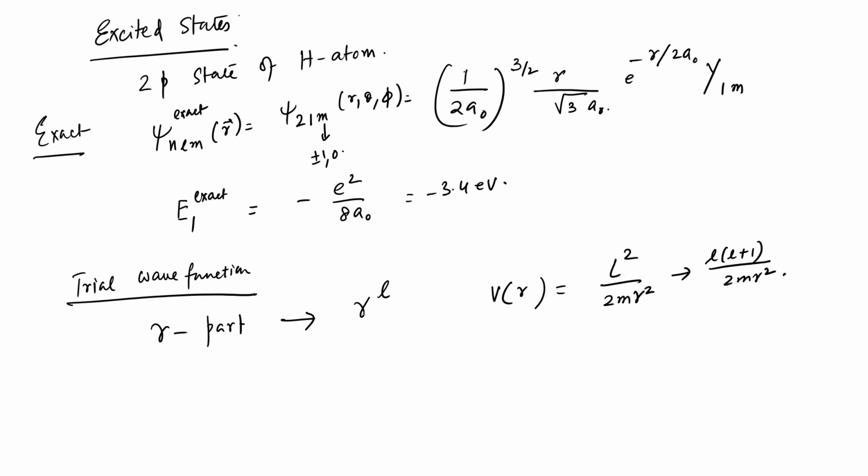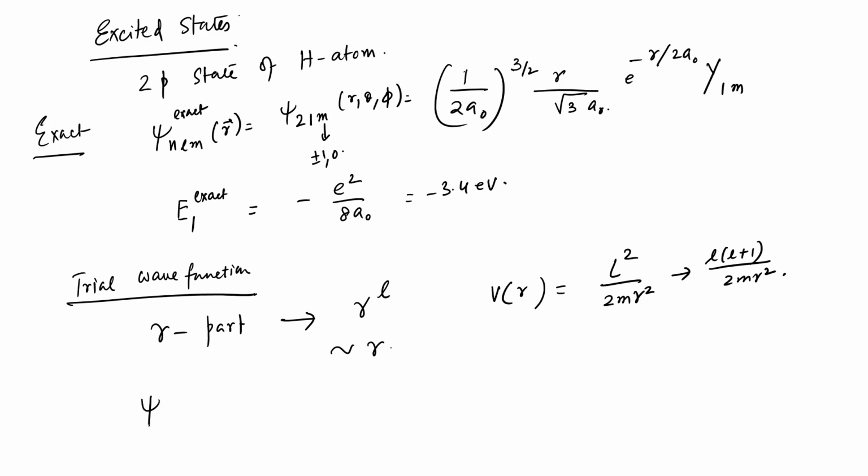So, we make an ansatz that the r part goes as r to the power l, and since we are talking about l equal to 1, the r part here goes as r, and we will not change too much the exponentially dying part of the wave function.